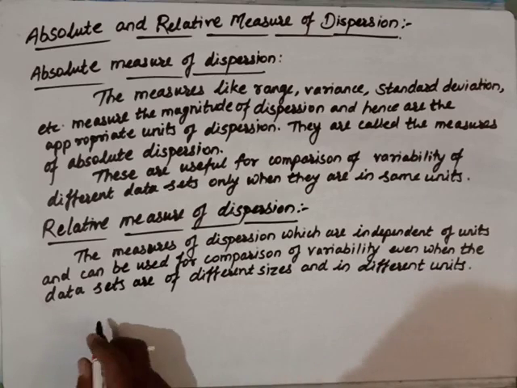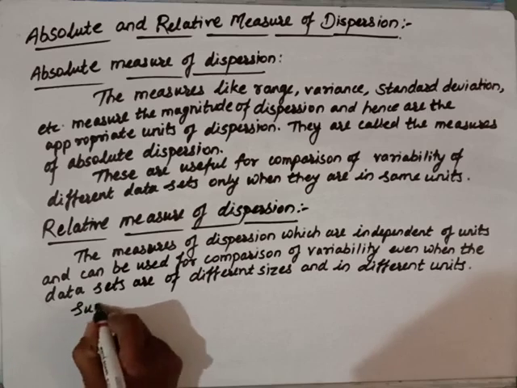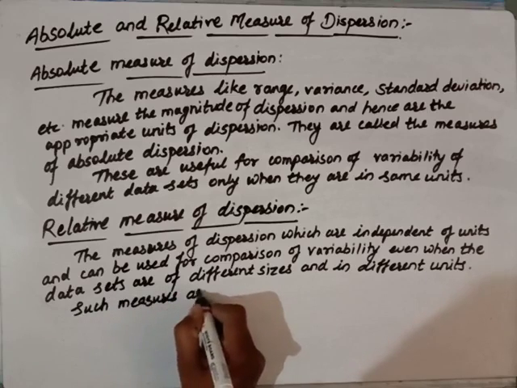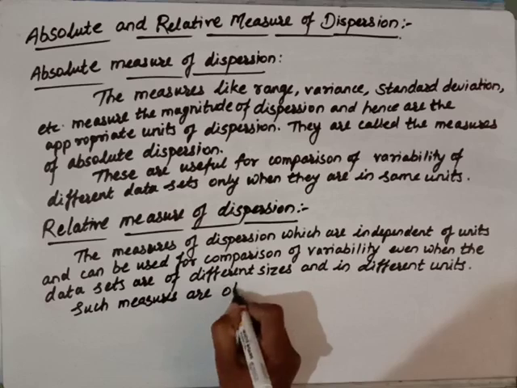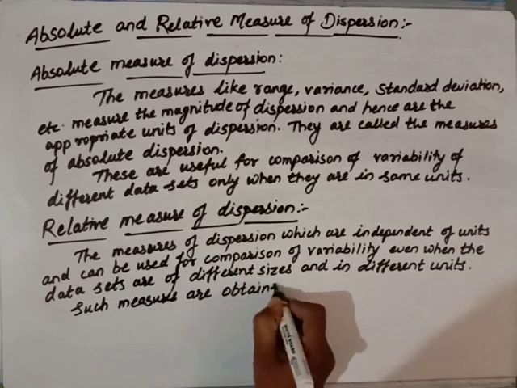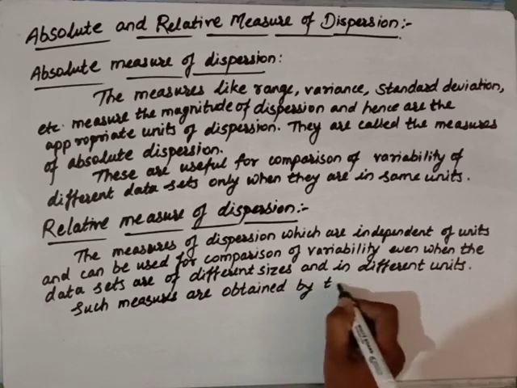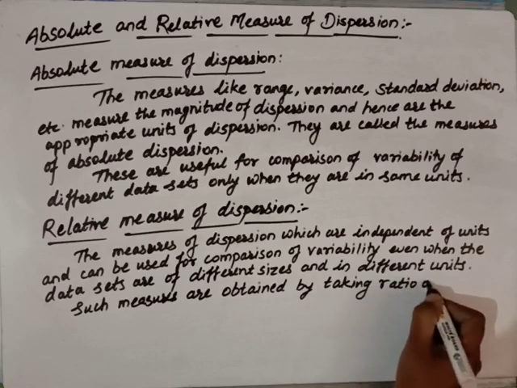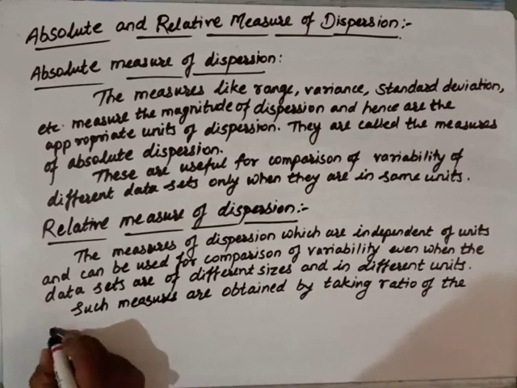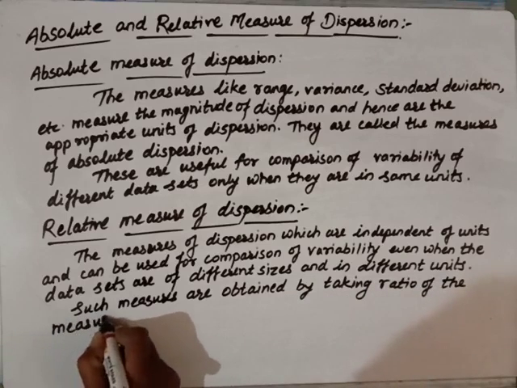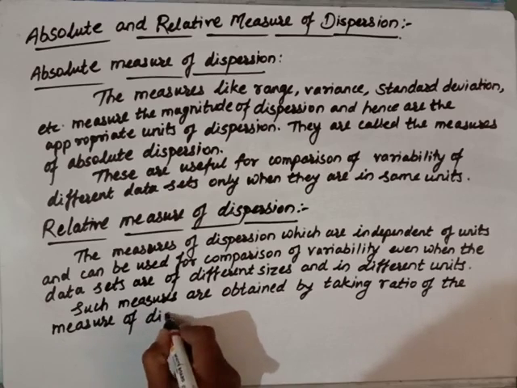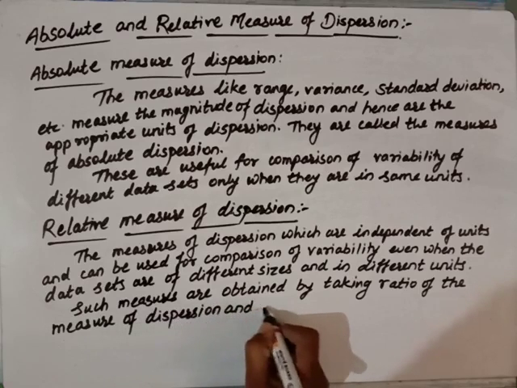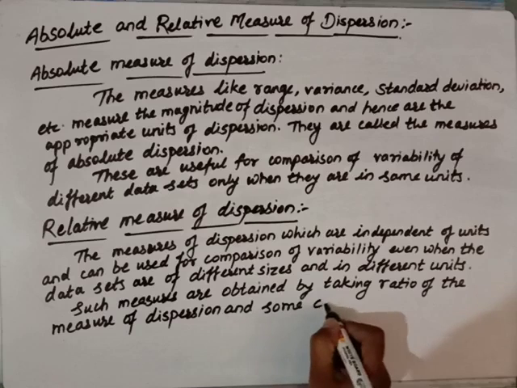They are in different sizes and in different units. Such measures are obtained by taking the ratio of the measure of dispersion and some central value of the data.